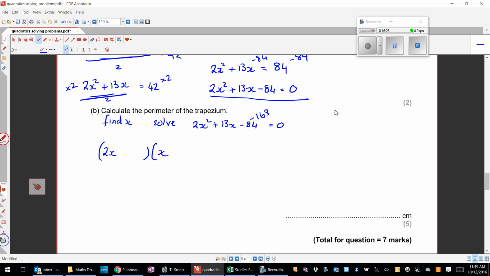Anyone? No. So basically the brackets will be (2x plus 21) and (x minus 4).